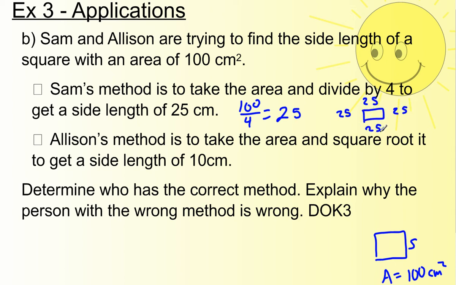That's not a square, but play pretend. Use your imagination. Allison's method is to take the area and square root it. Yeah, checks out, and you get a side length of 10. Okay, so she thinks it's 10, 10, 10, 10.